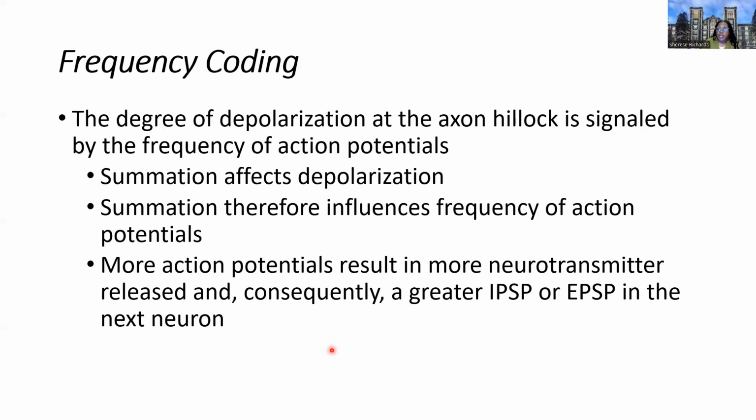If we're listening to a softer, more quiet sound, that's going to result in a slower frequency of action potentials. So throughout our body, the different types of signals are transmitted by manipulating the frequency of the action potential, which results in the amount of neurotransmitter released.